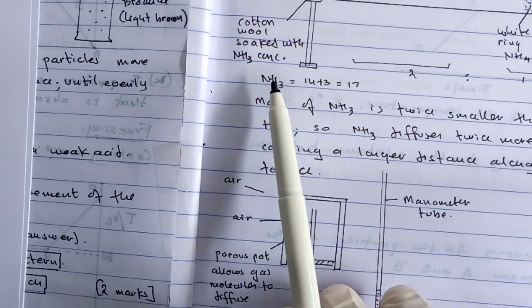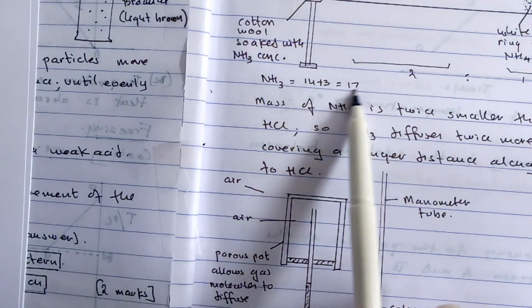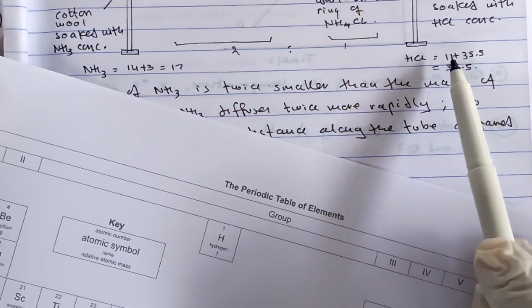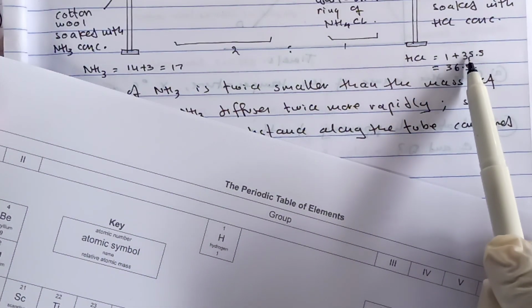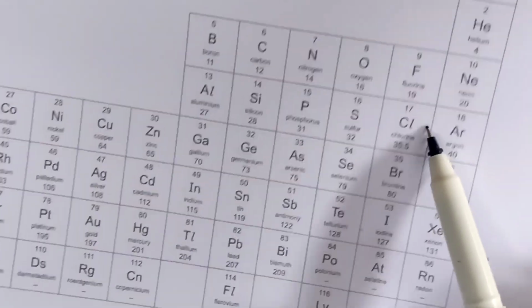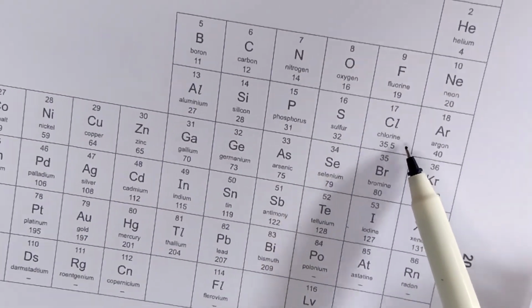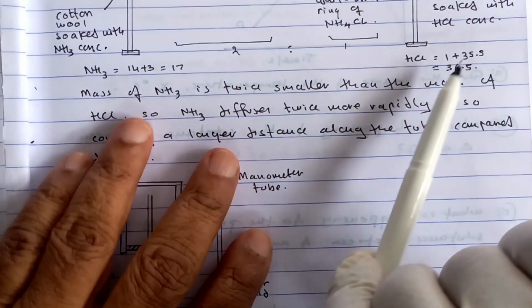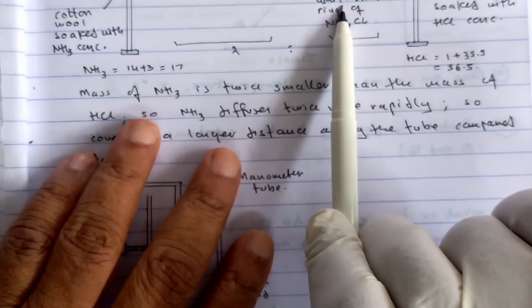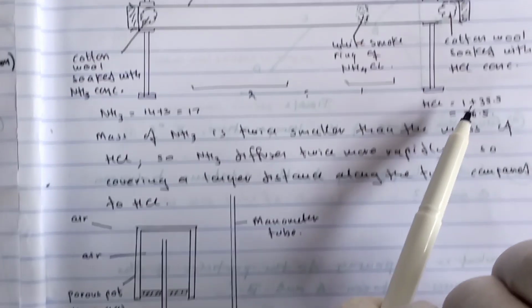So the total molecular mass is 17. Now for hydrogen chloride, it is for hydrogen 1, and for chlorine it is 35.5. Can you see for chlorine it is 35.5. So 35.5 plus 1 is 36.5. This is the relative molecular mass.